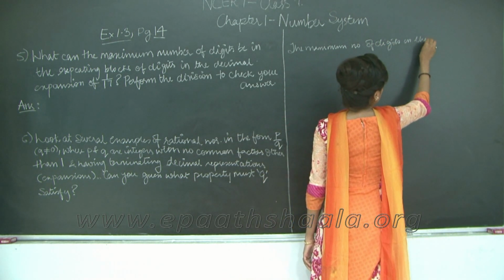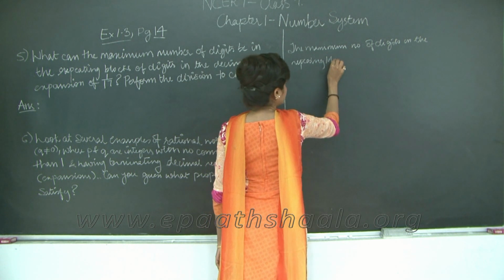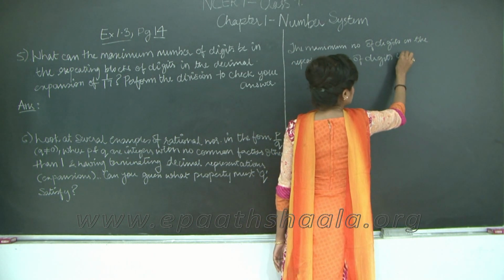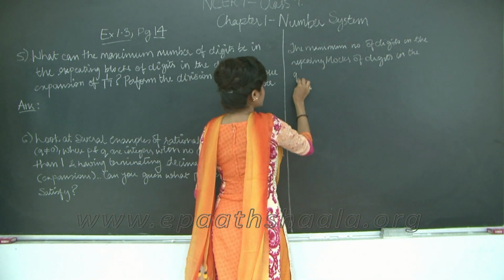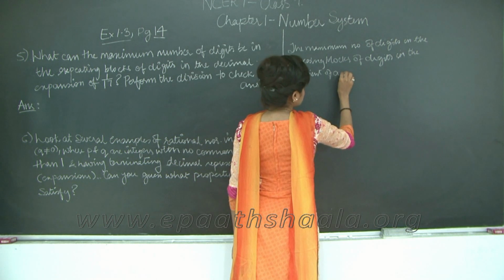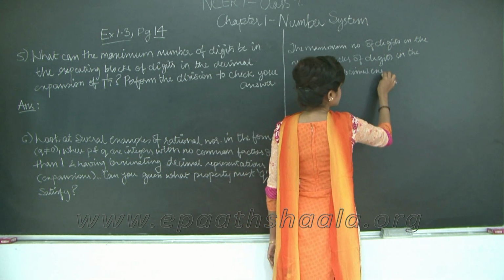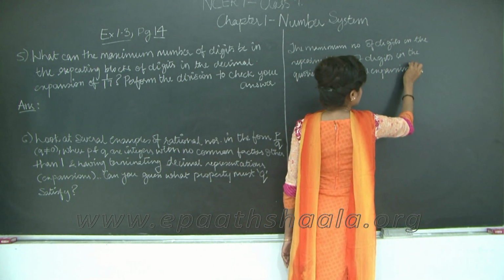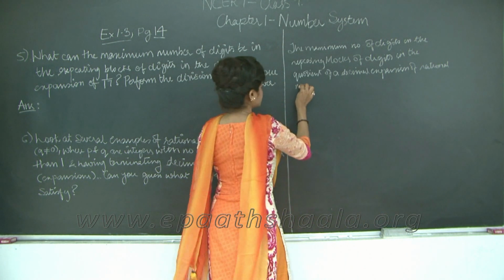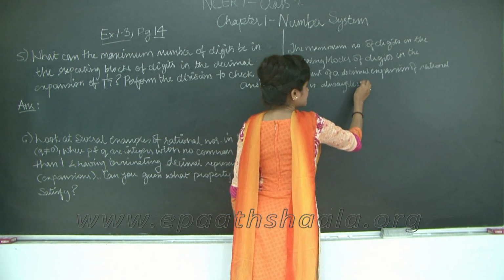in the repeating blocks of digits in the quotient of a decimal expansion of rational number is always less than the divisor.